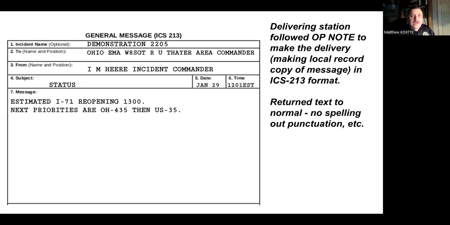So what we wind up with is something like this. The radio operator who understands what an ICS 213 is, who has a radiogram in there that says deliver as an ICS 213, is able to extract all of the right stuff, put it into the ICS 213, and now Mr. Thayer has the message in the format of the ICS 213 as intended by I am here, the incident commander.